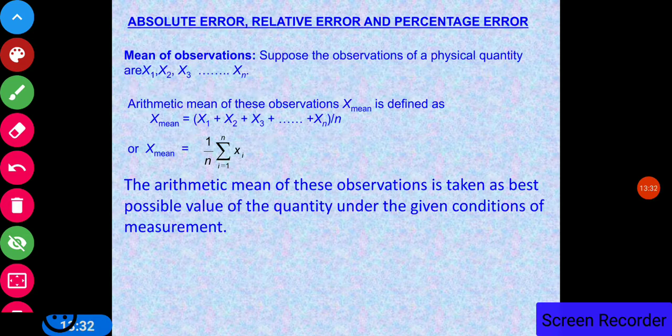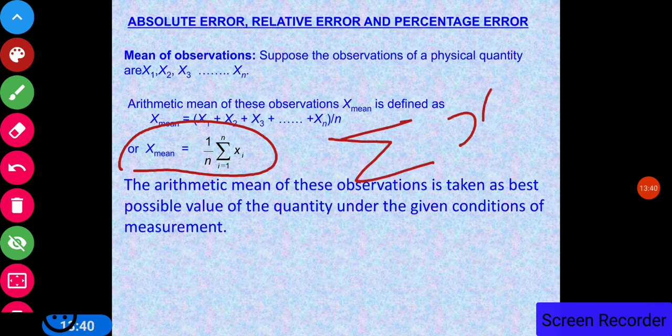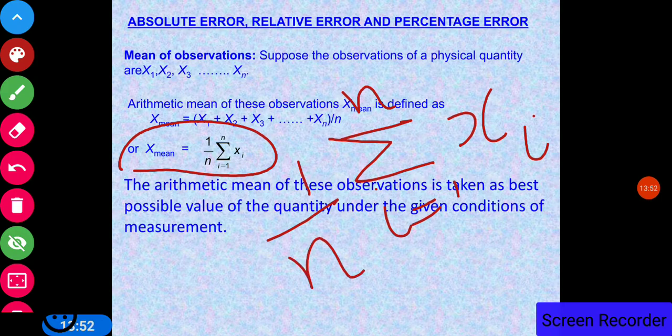The mean can be written in shorter form: X mean is equal to the summation of xi from i is equal to 1 to n, divided by n. So the mean value is 1 upon n summation i is equal to 1 to n xi.